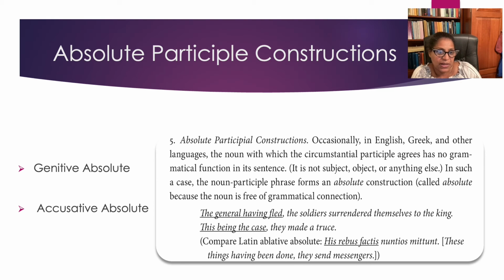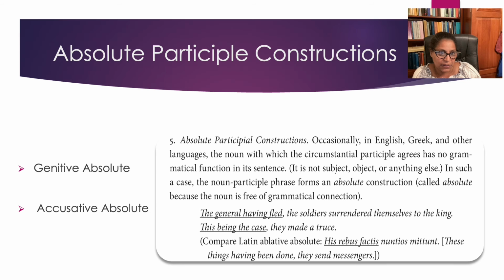All right, so let us see. The issue here is that when you have this absolute construction, the genitive, the participle, and the noun don't interact, or they're completely separate from the main verb, main clause.